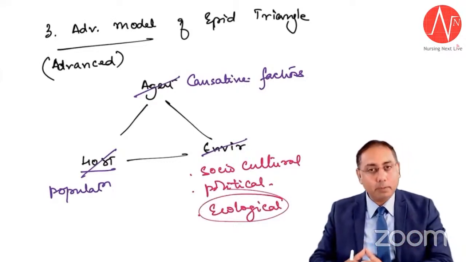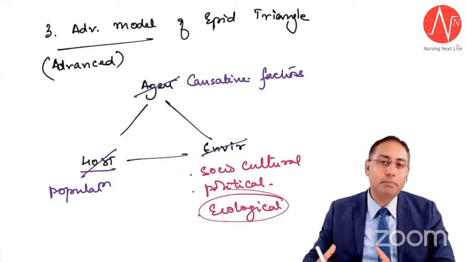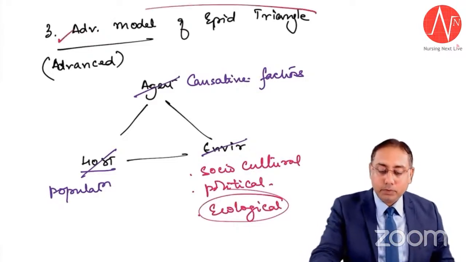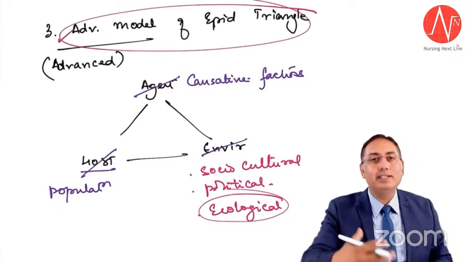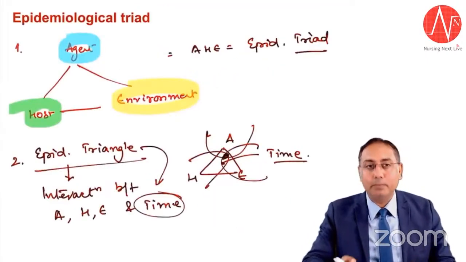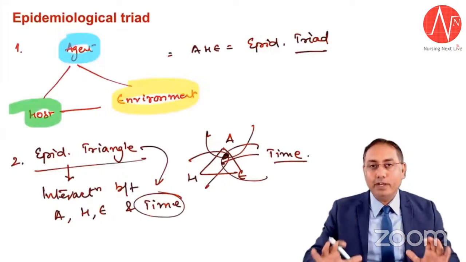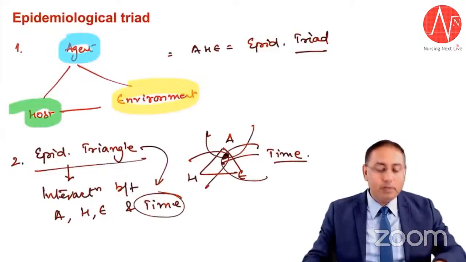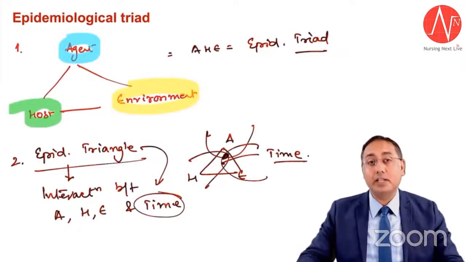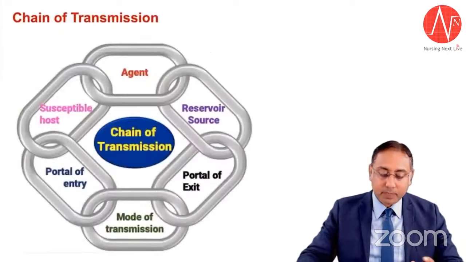So causative factors, with the population factors, with the socio-cultural, political, or ecological factors, is called the advanced model. It is the most accepted theory of why disease happens in people. So that is the epidemiological triad. Every definition that I'm speaking over here will be used later in different parts of the lectures. So make sure that you understand them nicely, and these are frequently asked questions in your exam as well.